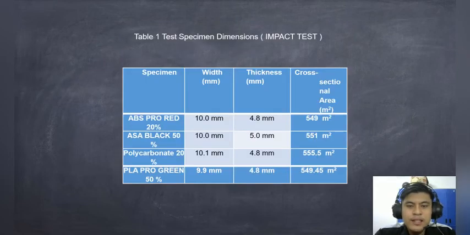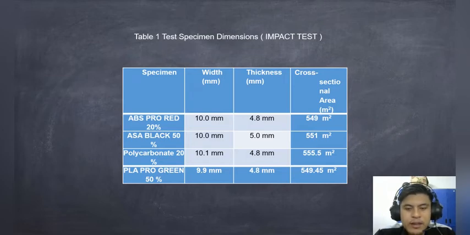Okay, this is the table of test specimen dimensions for the impact test. This is the specimen, the width, the thickness, and the cross-sectional area. As we see, this is 10.0 mm, 4.8 mm, 549 mm² cross-section. ASA black 50%, 10.0 mm, 5.0 mm, 551 mm².